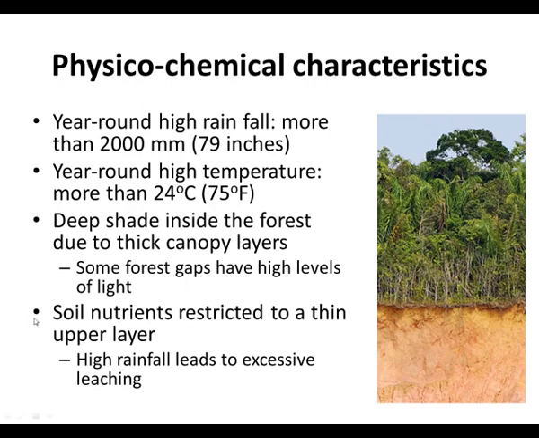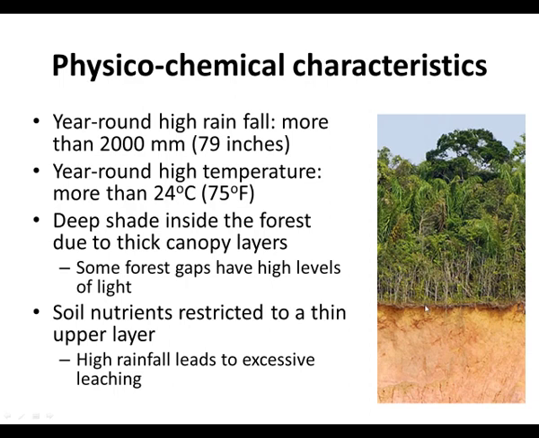And also, although these ecosystems are highly productive, most of the nutrients are restricted to a very thin upper layer. So in this cross section, you can see it's just a few centimeters.